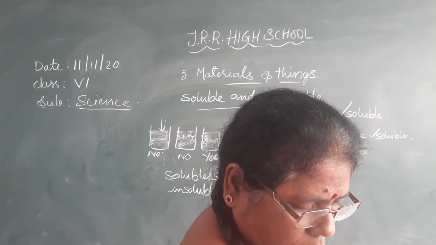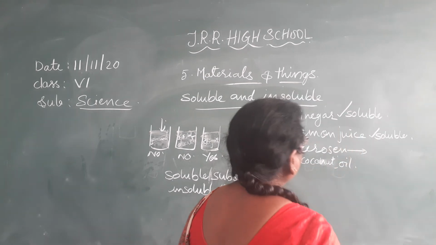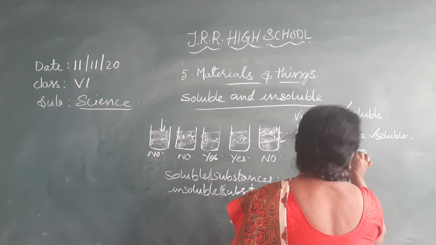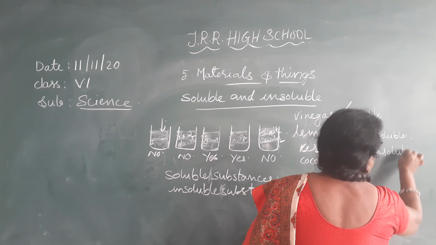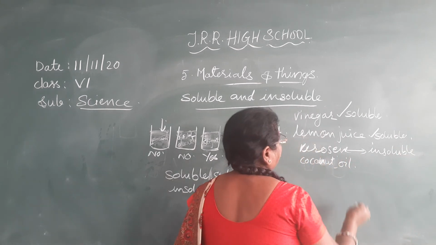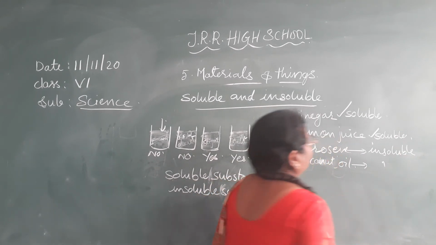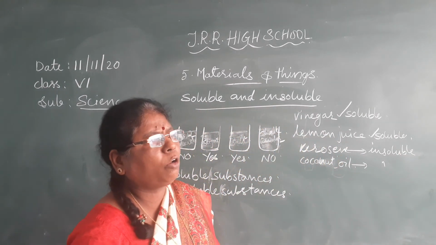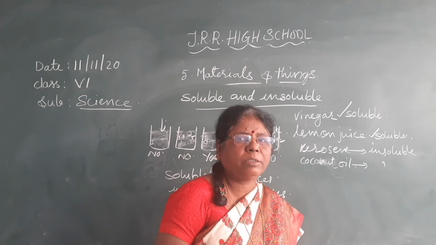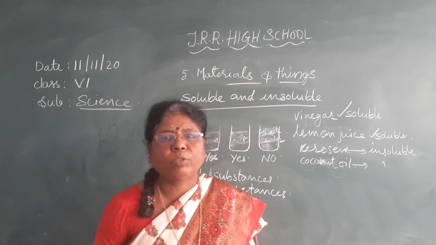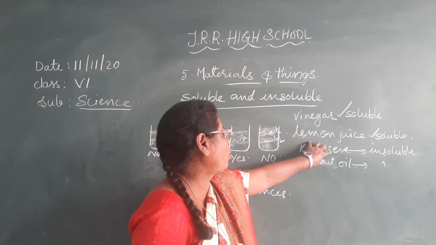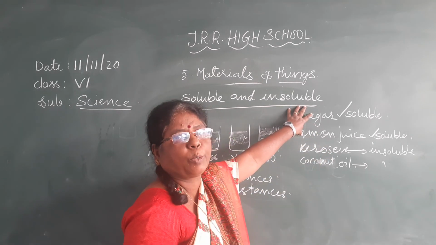No, it is not soluble in water. Kerosene is insoluble in water. It floats on the surface of the water. Even coconut oil. All the oils are insoluble in water. Their density is lighter than the water, so they float on the surface of the water. These are insoluble and these are soluble substances.